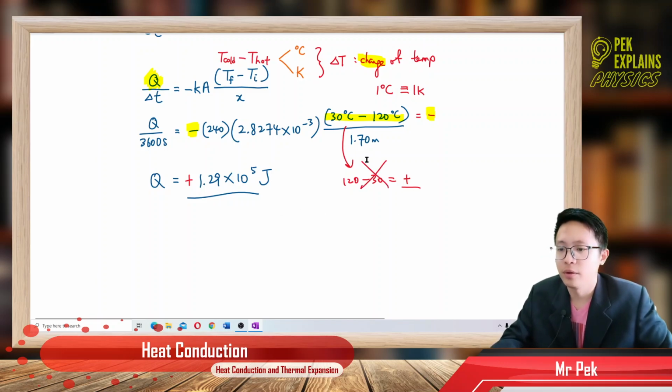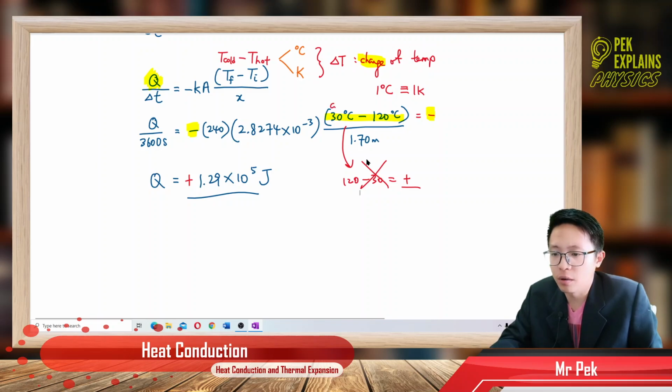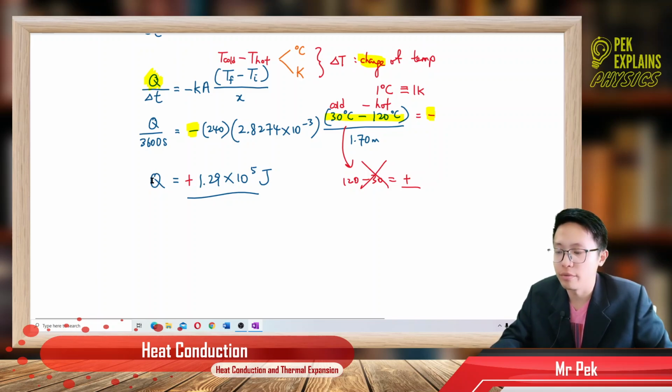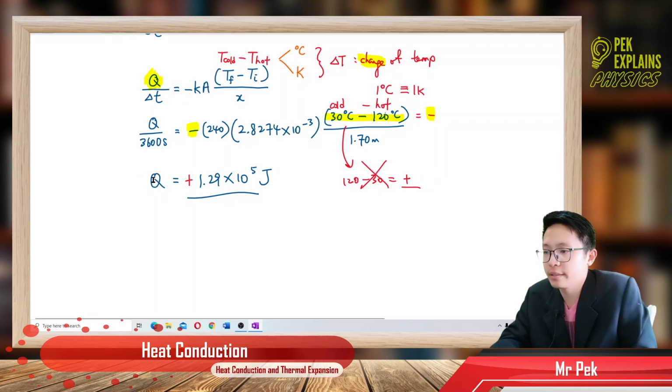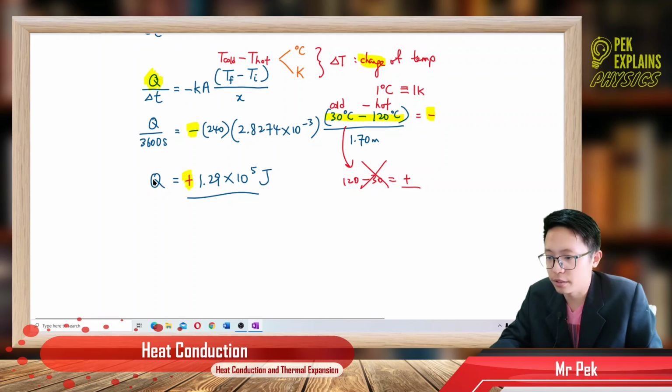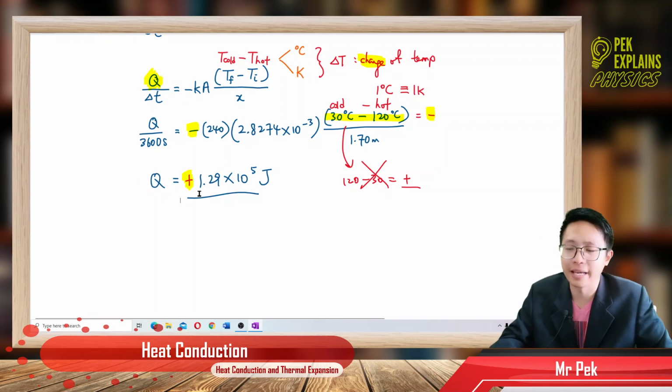So remember, always use cold minus the hot temperature in order to get a negative value here. So when negative multiplies negative, you get a positive heat. So remember, heat is always positive. Don't ever get a negative heat. Heat energy always has a positive value.